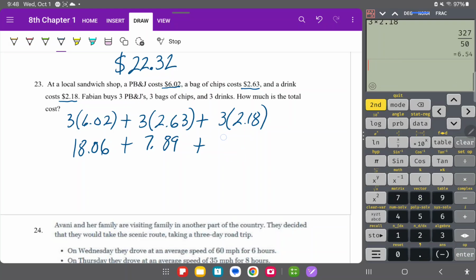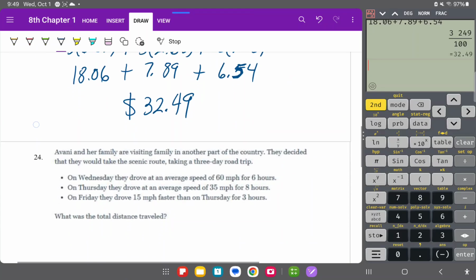So that is $6.54. So then we need to add those up. So we're going to go 18.06 plus 7.89 plus 6.54. So we add all those up and we get $32.49.